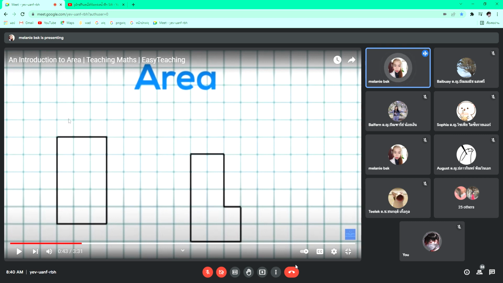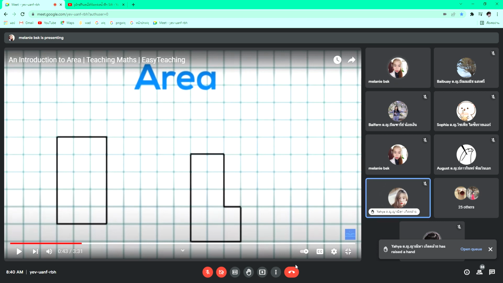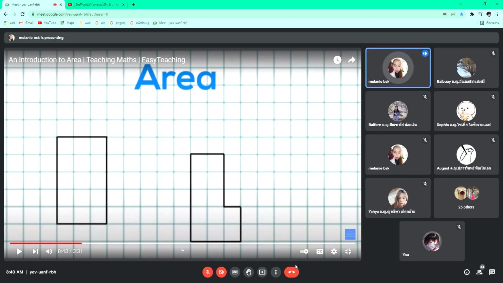How many squares does it occupy in this rectangle? How many squares? Anybody? 15. Okay, so 15 squares. The area of the rectangle is equal to 15 squares.